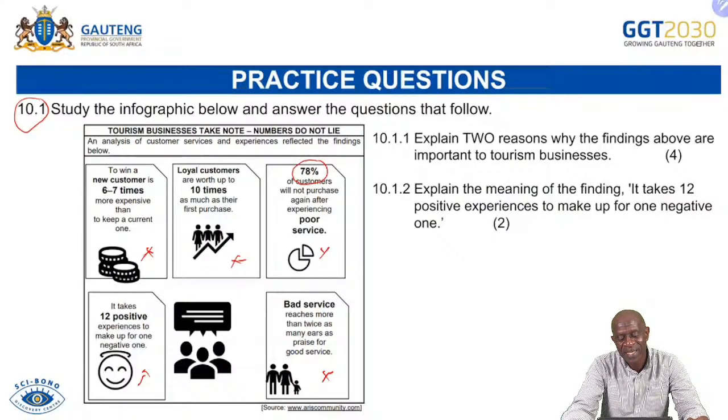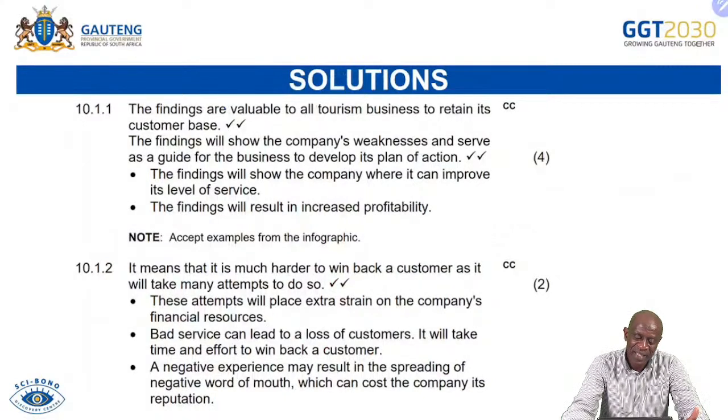So what it means is all the positive experiences as compared to one negative, so one negative will erase 12 positive experiences at a time. It means that it is much harder to win back a customer, as it will take many attempts to do so.